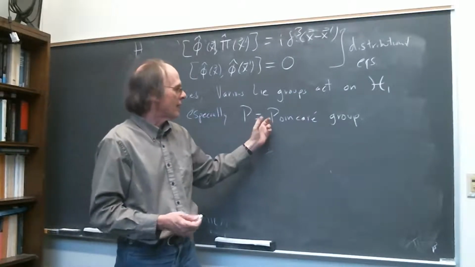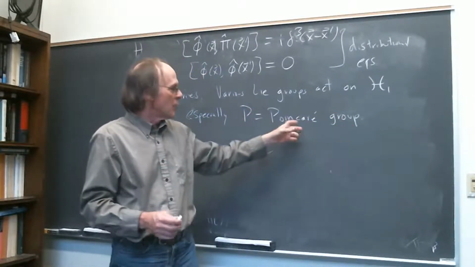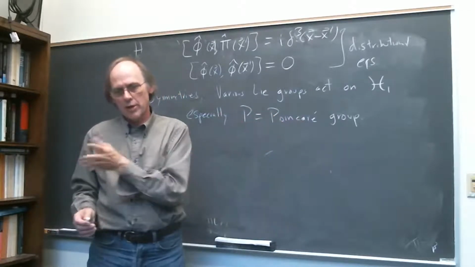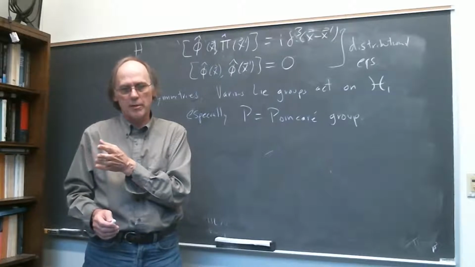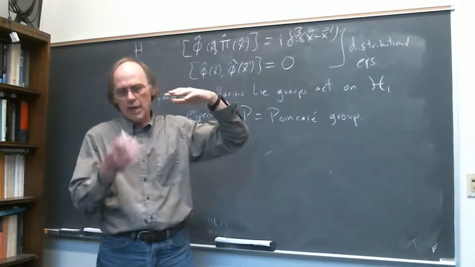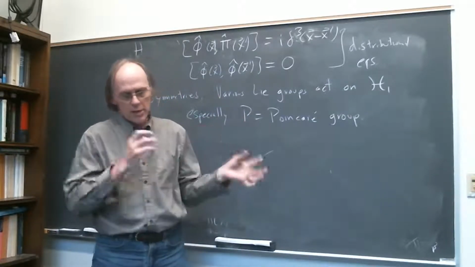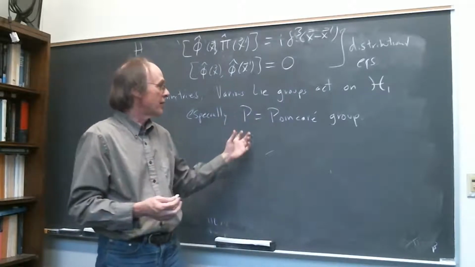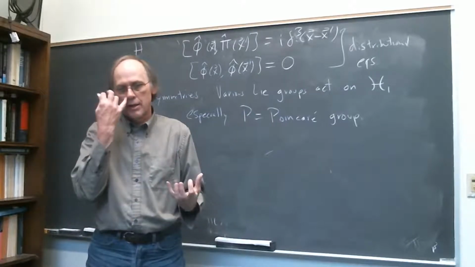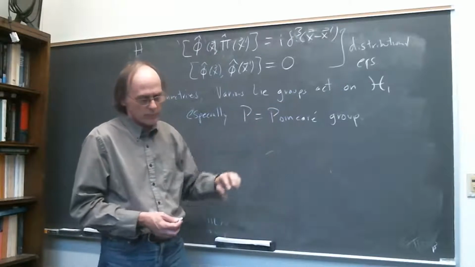Here you have this overall group of space-time transformations, which is going to include spatial translations, which give you the momentum operator. It's going to include time translation operators, which give you the Hamiltonian, and it's going to include rotations and boosts. So you want to find out how this group is going to act on the states of this quantum field theory.